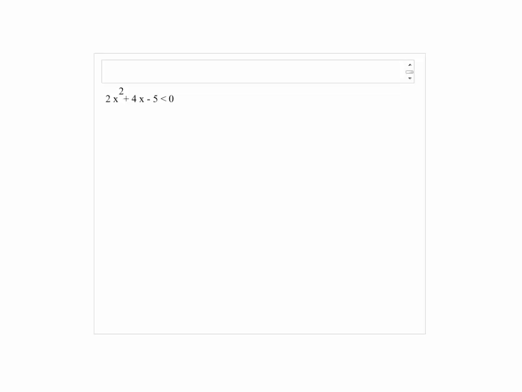Solve and write the solution in interval notation. 2x squared plus 4x minus 5 is less than or equal to 0.